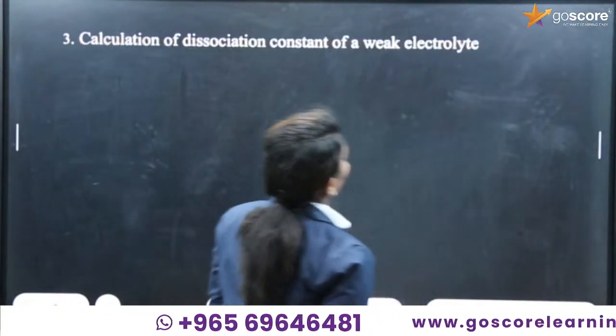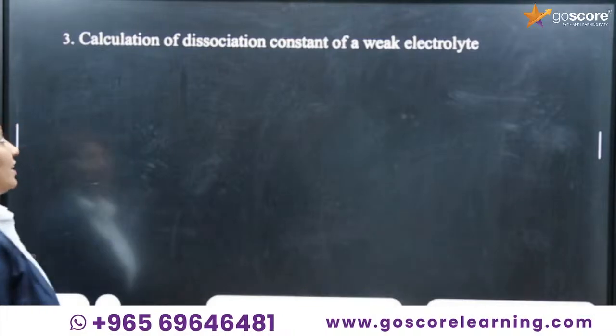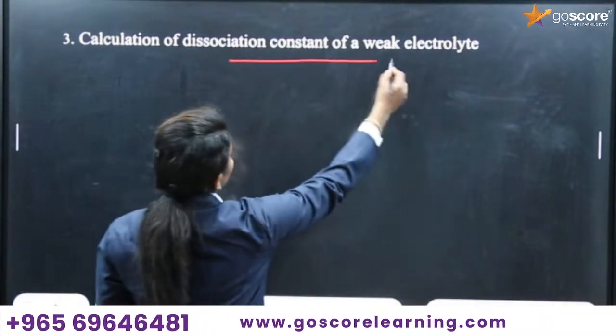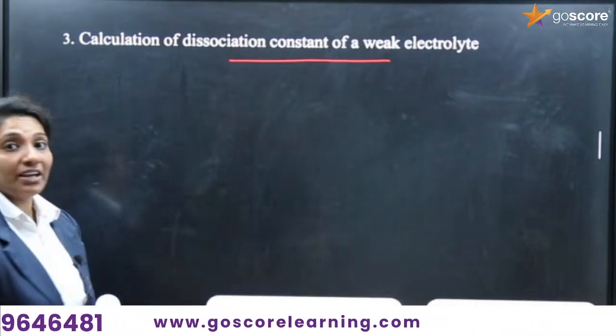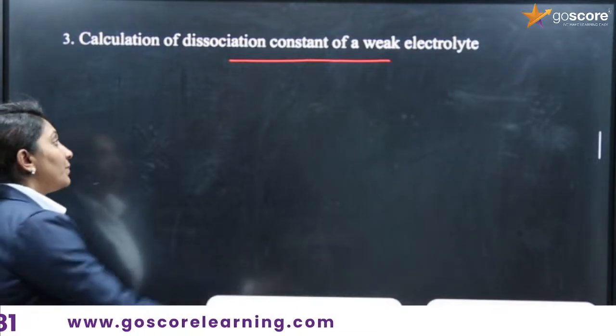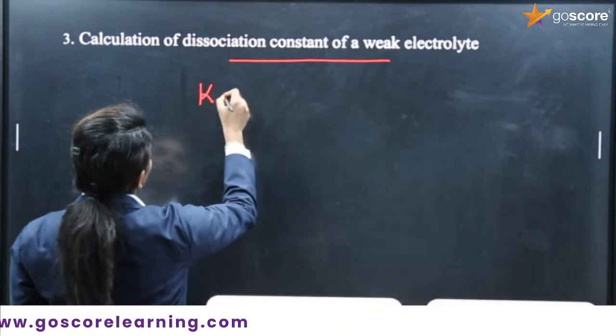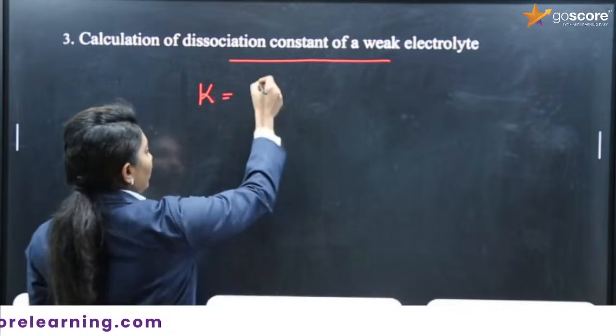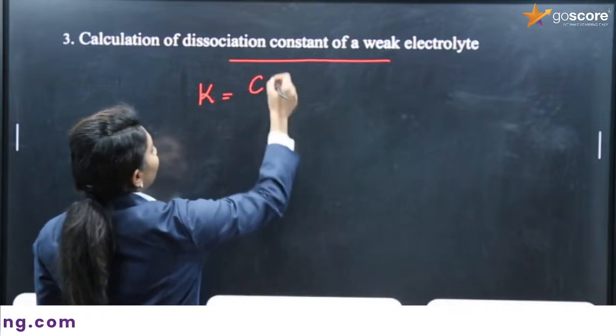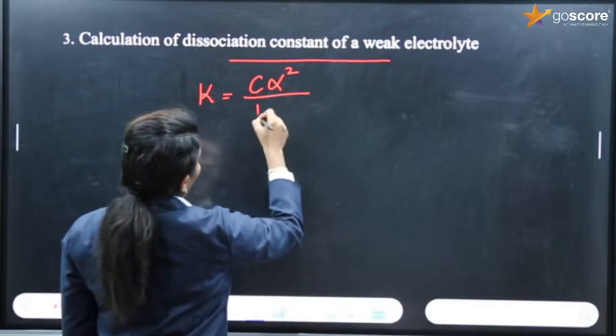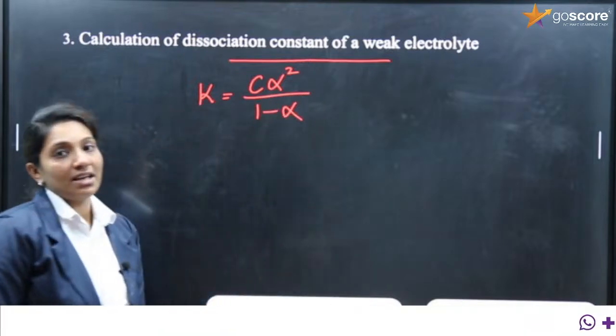And the third application is the calculation of dissociation constant of a weak electrolyte. So here for the dissociation constant, K will be equal to C into alpha square divided by 1 minus alpha.